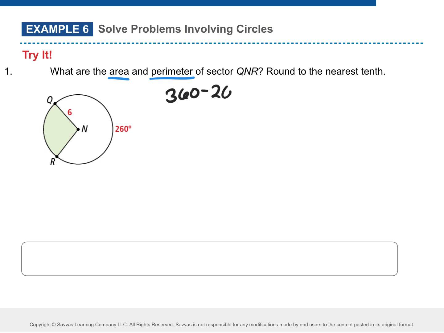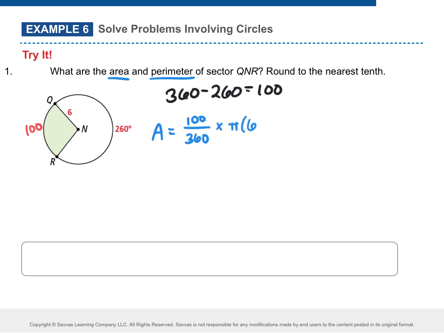360 minus 260, which is 100. So the angle measure is 100. If the arc measure is 100, what is my central angle? Also 100. Okay, now I can find the area. So we go area equals, tell me. 100 over 360 times pi.